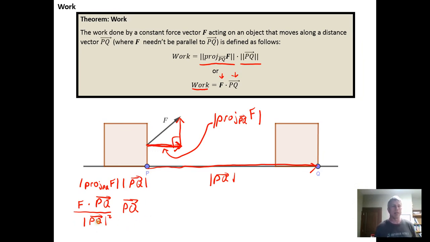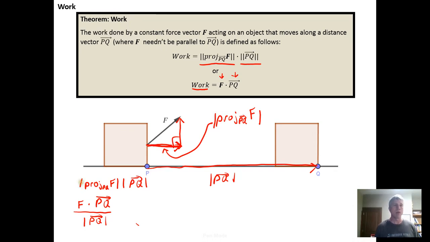But remember, we talked about being able to break the size of PQ squared up into two pieces. If we put one of the size of PQs under PQ, then this is actually the unit vector in the direction of motion. So if I erase the unit vector in the direction of motion, this scalar is the size of the projection vector.